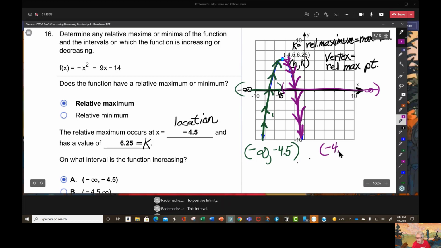Negative 4.5, infinity. This is decreasing. This is increasing.